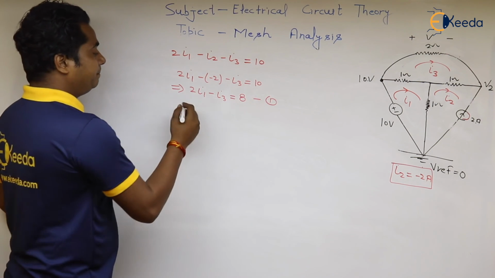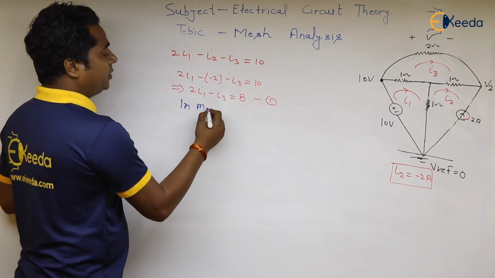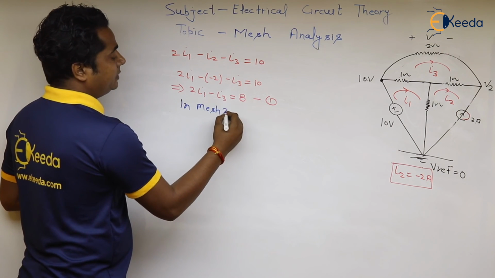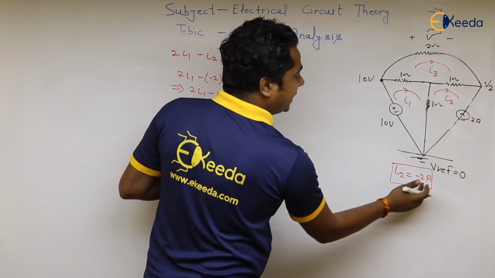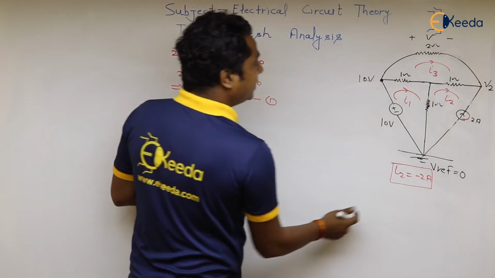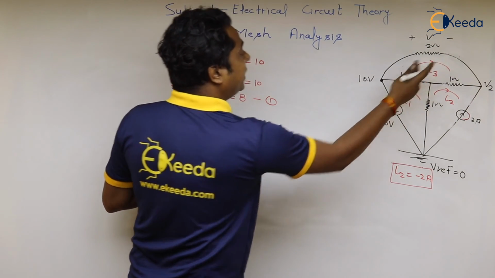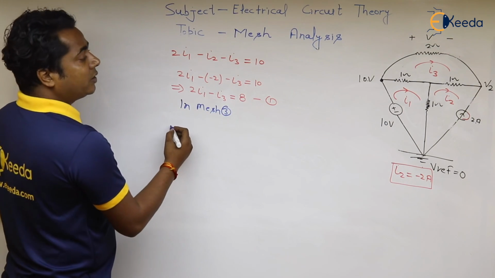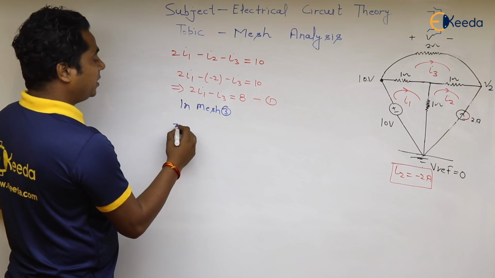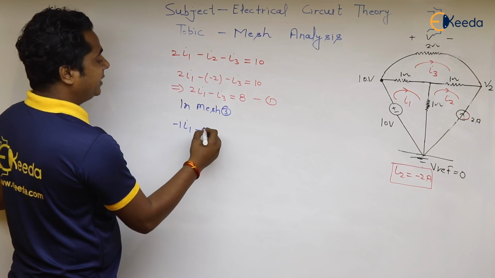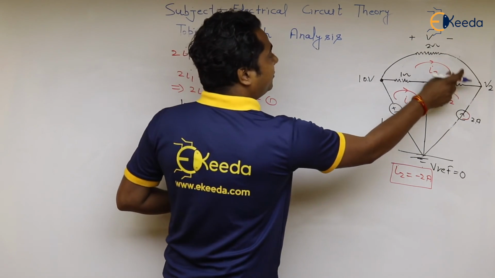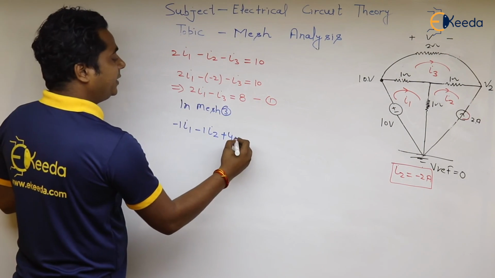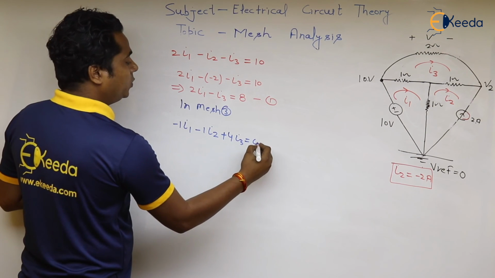And in mesh number 2, we have calculated I2 is equal to minus 2 ampere, and in mesh number 3 we are applying the shortcut. So minus 1 into I1 minus 1 into I2 plus 1 plus 1 plus 2 plus 4 into I3 is equal to 0.